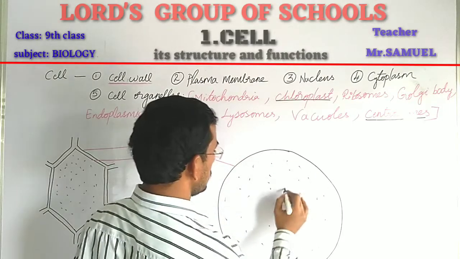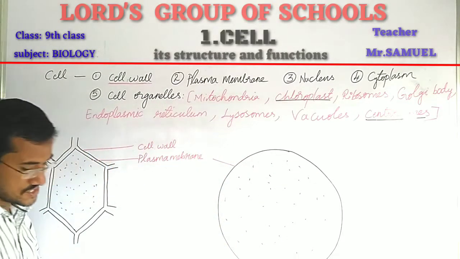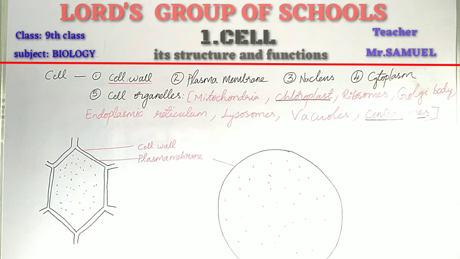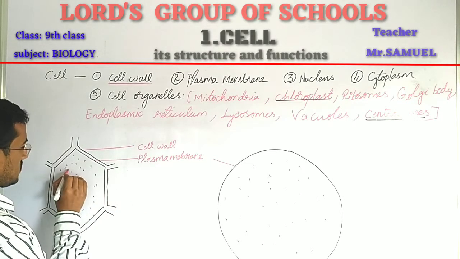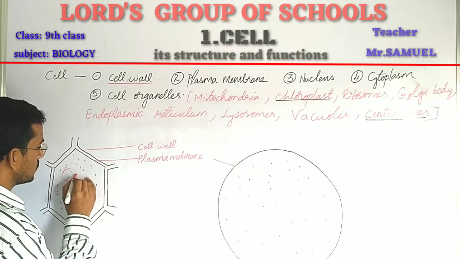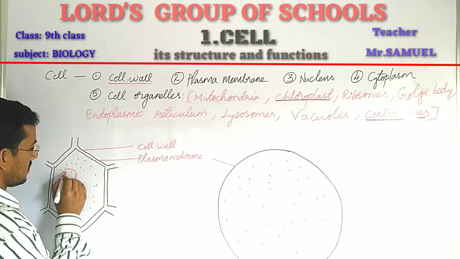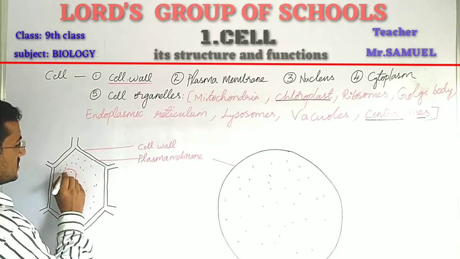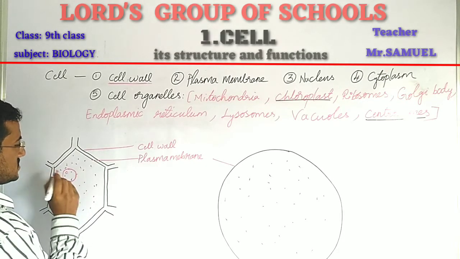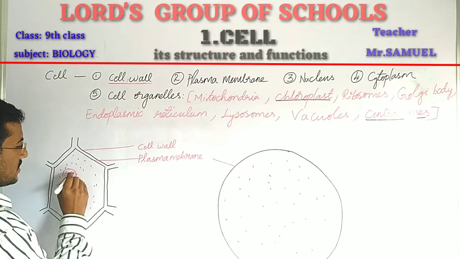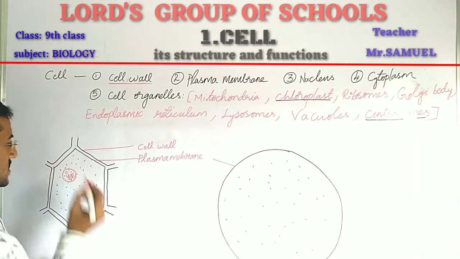The next structure we can see is nucleus. This is nucleus, nuclear membrane. Inside this nucleus you have nucleolus, then you have genetic materials.